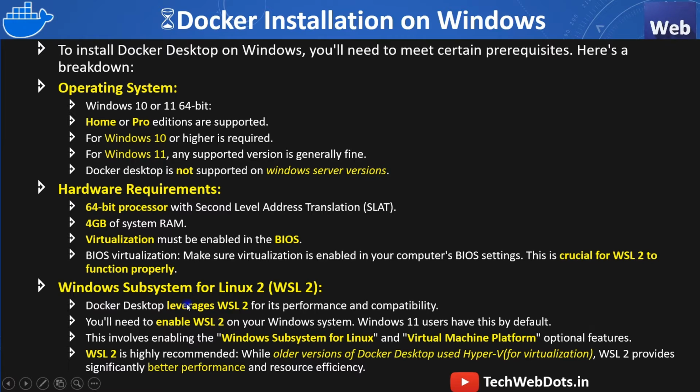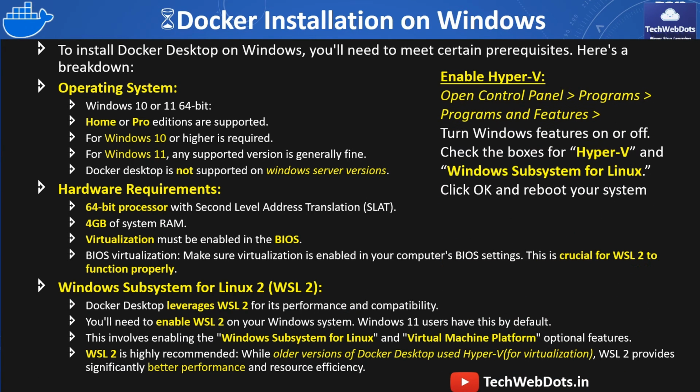WSL2 is highly recommended, while older versions of Docker Desktop used Hyper-V, which you can also enable from the Windows features on and off settings for virtualization. WSL2 provides significantly better performance and resource efficiency. So both are fine. Okay, let's move forward.